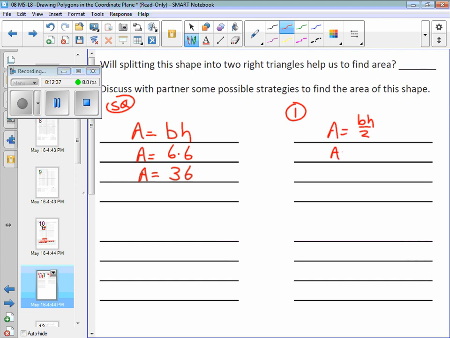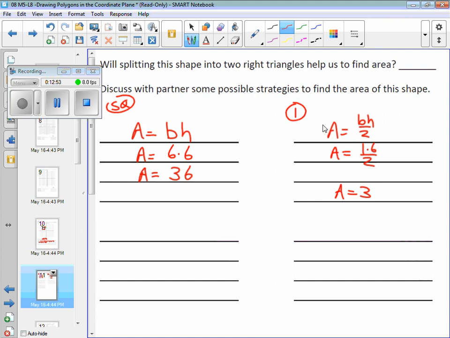Sam, what's the base and height of triangle 1? Everybody get 1 as a base? Yeah. 6 is the height? Yeah. You can knock out 2 and 6, or you could do 6 divided by 2 in your head. You should be able to. Did you get 3? Yeah.